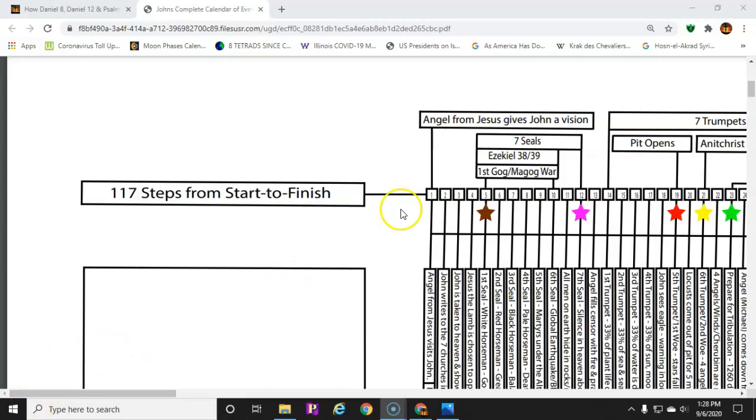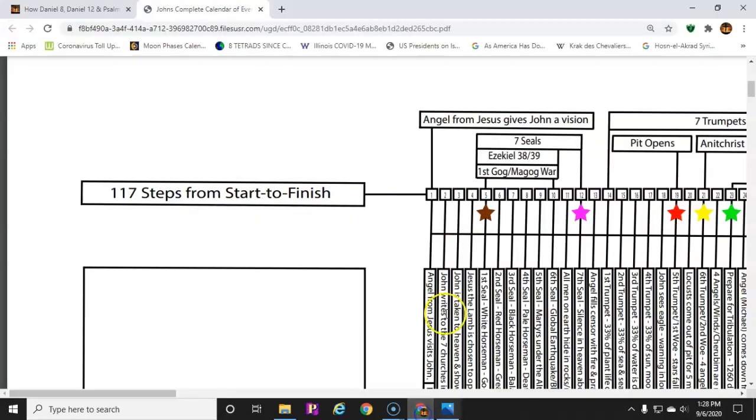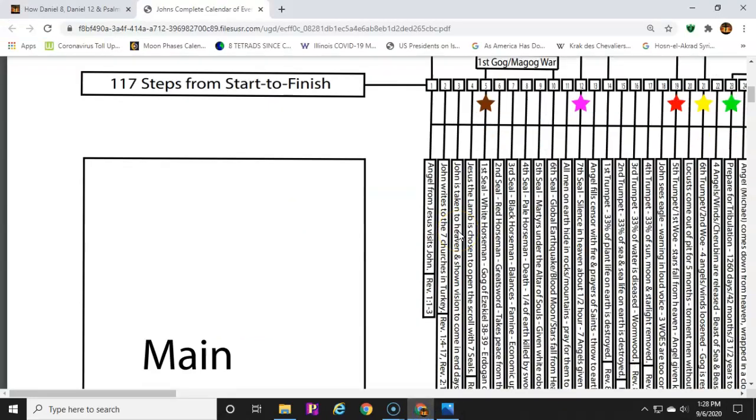At first, we're going to go through this from start to end, at least up to the tribulation and the signing of the covenant of death, because I'm going to have to break this into multiple different videos. The first step is John is visited by an angel from heaven, from Jesus, and he is then told to write these 7 letters.